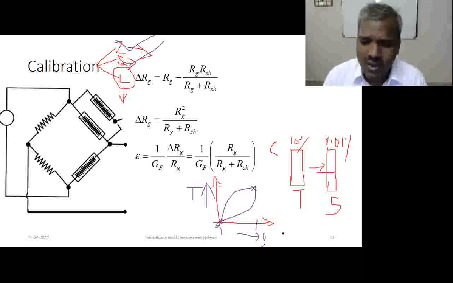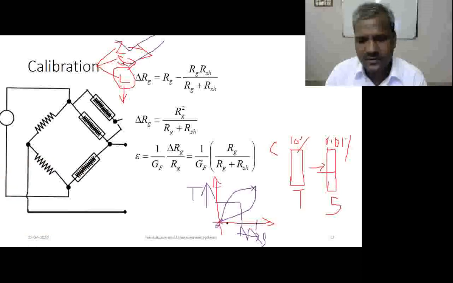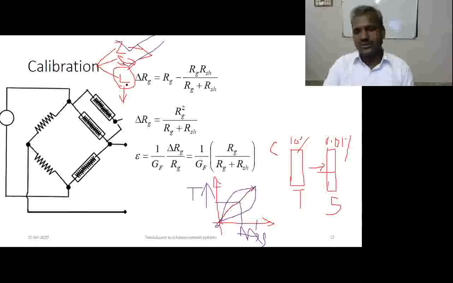So to avoid this type of path, we should always check the linearity, and for linearity we should use the mid value. If you join these three points, it gives a linear response.